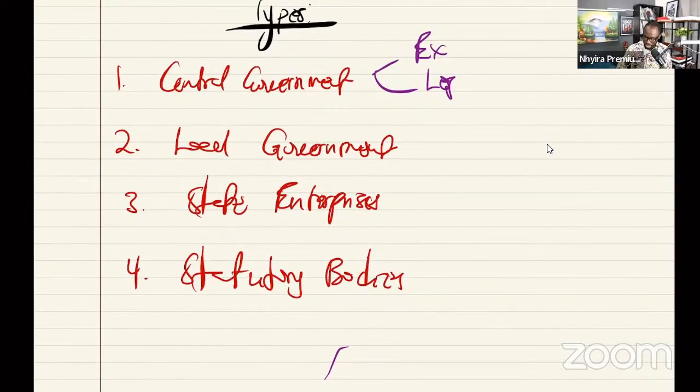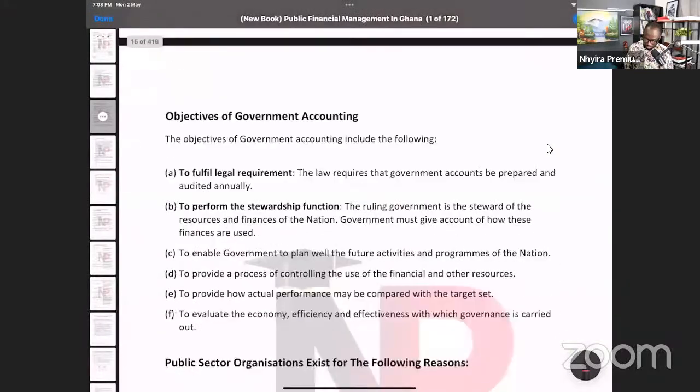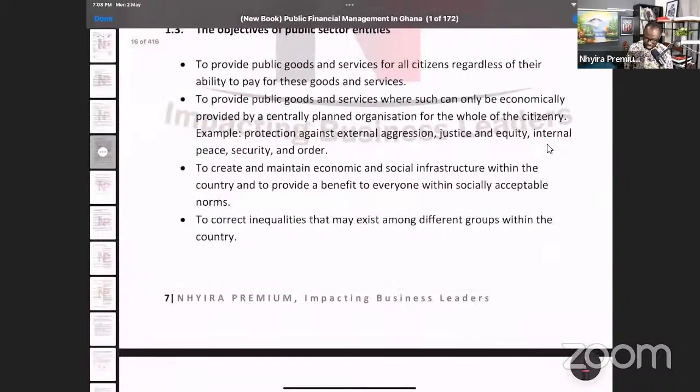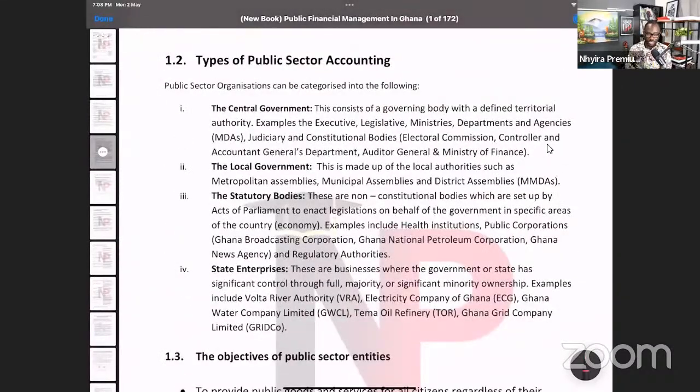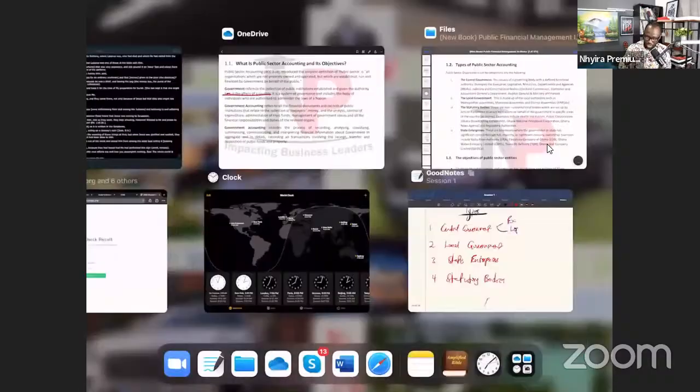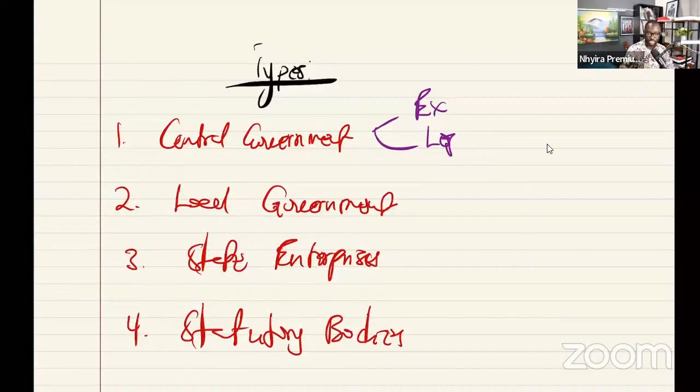Now, you can see these in your book here on page 7. The types of organizations are here. So the central government has to do with the executive arm of government.